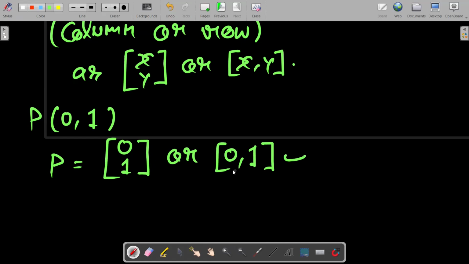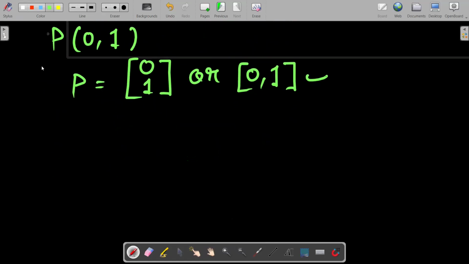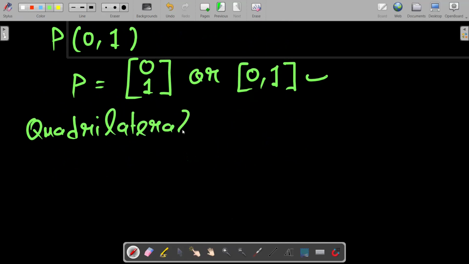Now suppose that we have a quadrilateral ABCD, and the vertices of the quadrilateral are given.